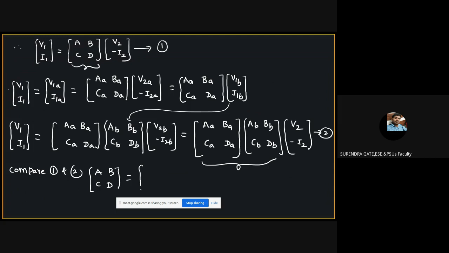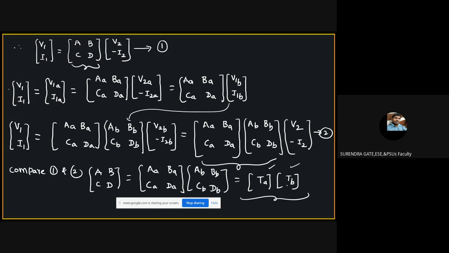The product of the individual ones: AA, BA, CA, DA into AB, BB, CB, DB. Therefore the resultant T parameters equal the product of the individual T parameters of the A and B networks. This is the proof. We just multiply this, then we get A, B, C and D, students. Clear?